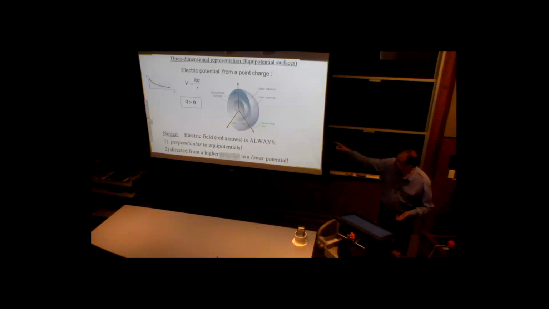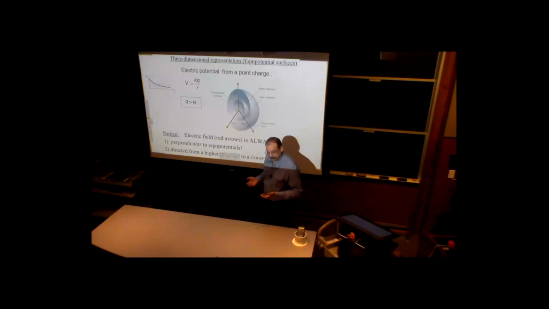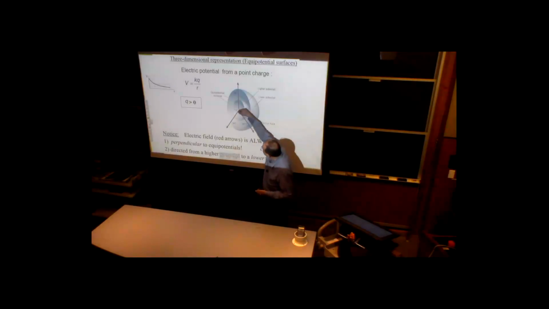In this picture, it's a surface, a spherical surface. A surface like that has a name, the equipotential surface. Equi means same, potential means potential, equipotential means same potential. These spheres represent equipotential surfaces, or shortly, equipotentials.